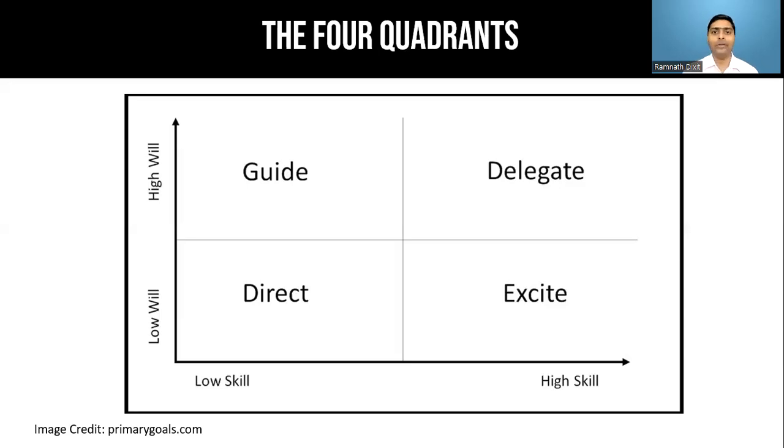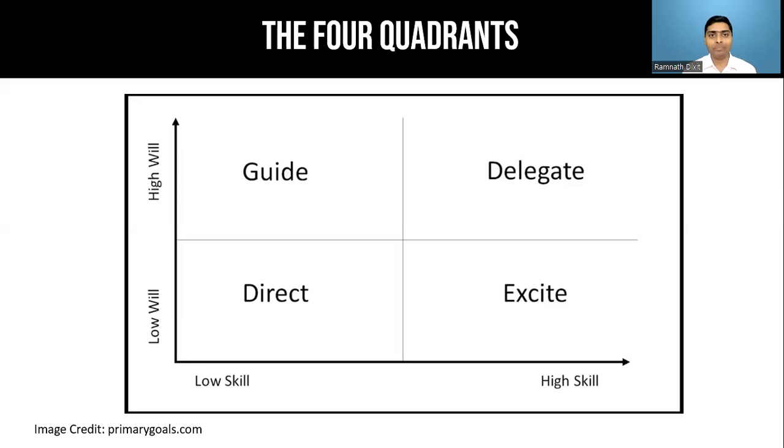So what you need to do here is provide guidance. And how do you do that? Provide some amount of autonomy or freedom, okay? But at the same time, you're observing minutely that this person is not doing anything terribly wrong. So you're controlling affairs, but you provide some degree of freedom because the person wants to perform. But in the excitement to perform, a lot of people might commit mistakes.